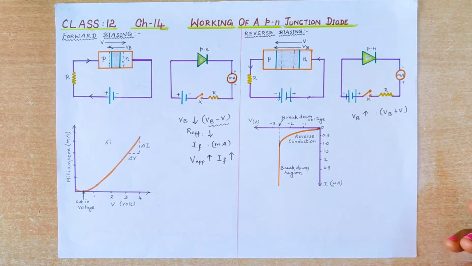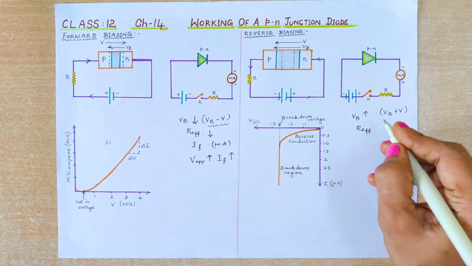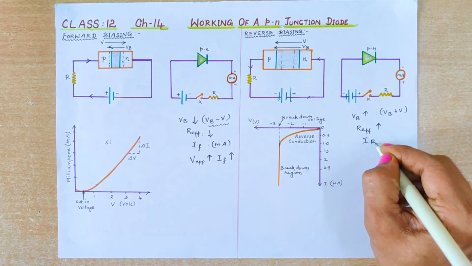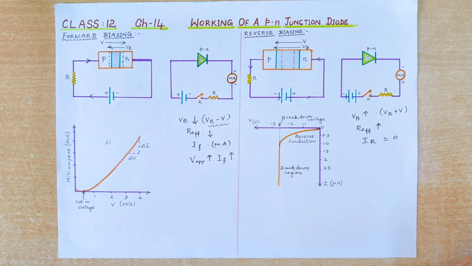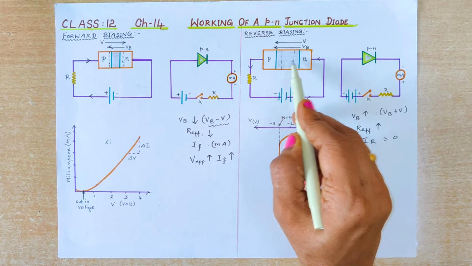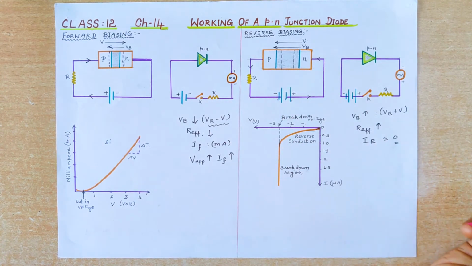Therefore the effective resistance also increases, and hence the current in reverse bias decreases or approximately goes to 0. There won't be any current flow because the majority charge carriers are pushed away from the junction. They do not diffuse across the junction, and that results in 0 current.